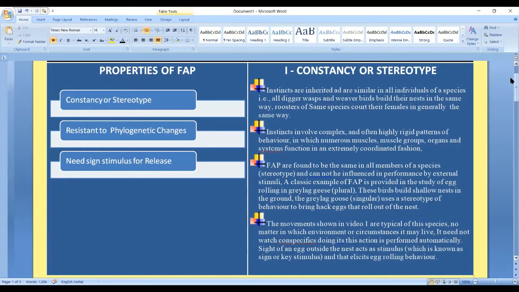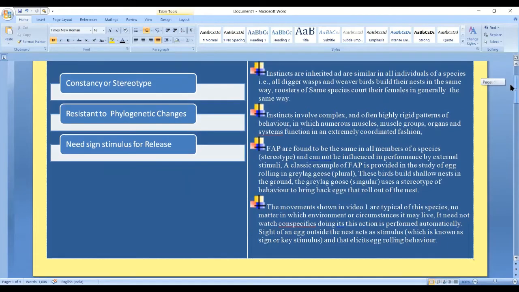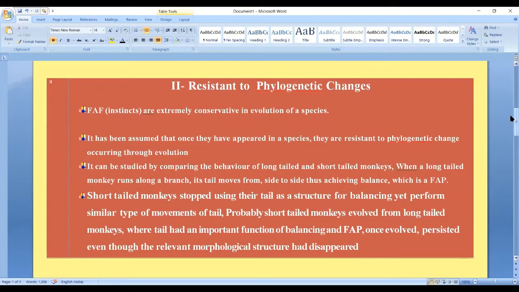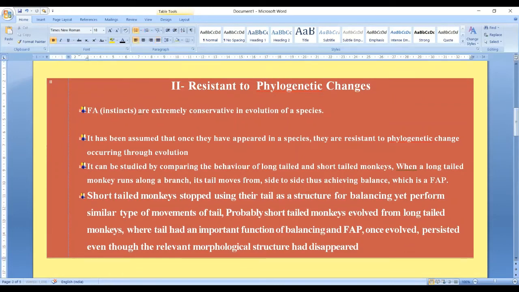Now we will move to the second property of FAP, which is resistance to phylogenetic changes. FAPs, which we call instincts, are extremely conservative in the evolution of species. See, this is very important. Conservative, that is, they have remained the same throughout the evolution of a species.